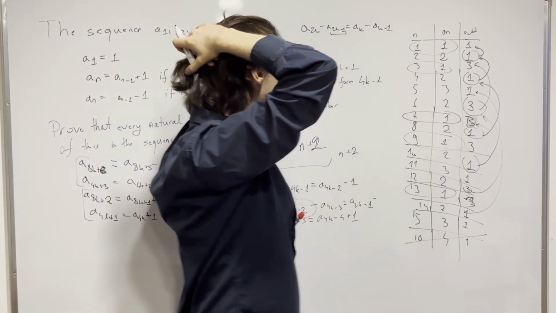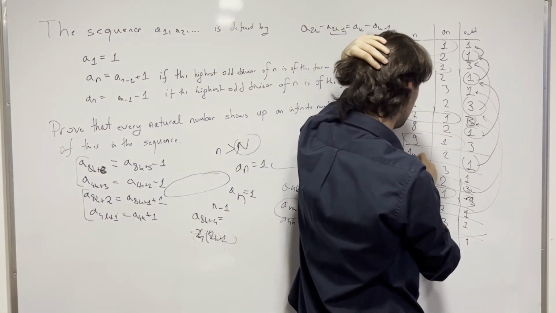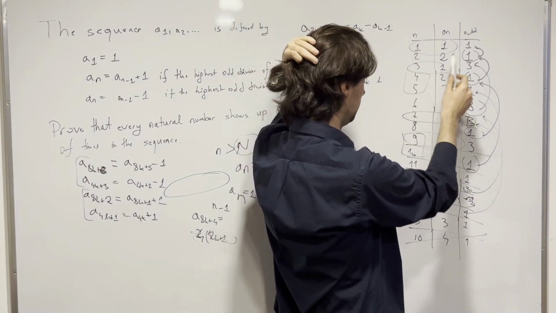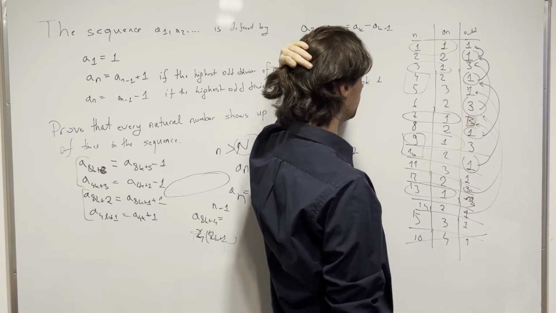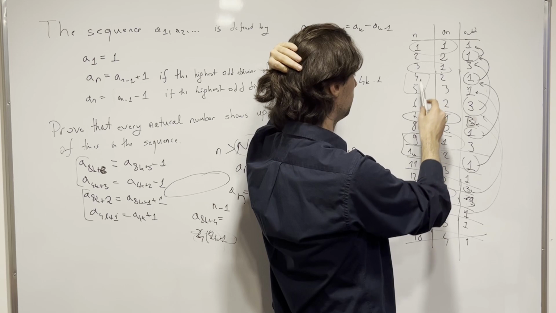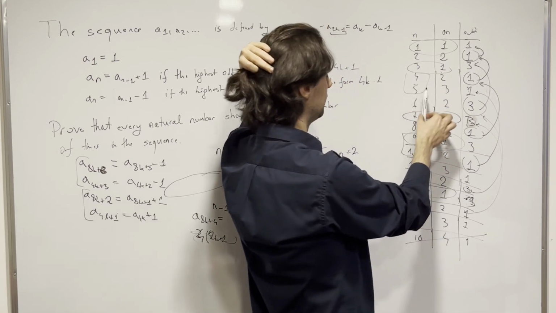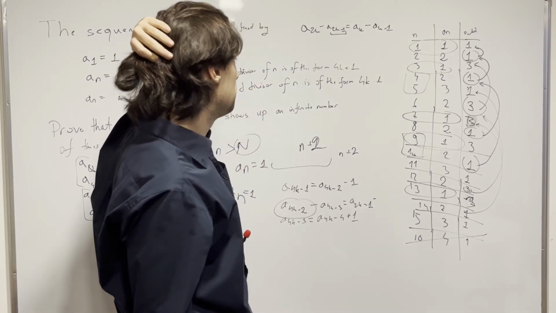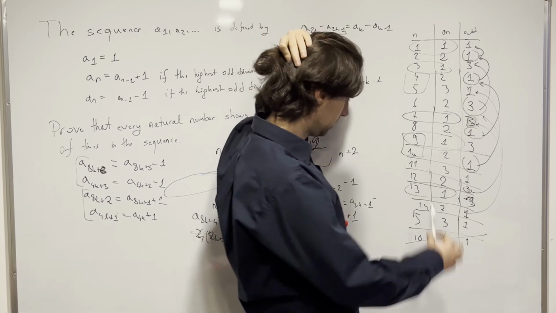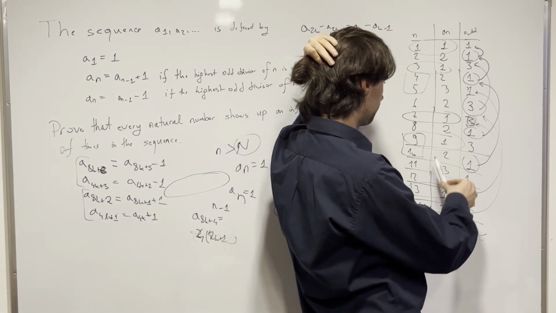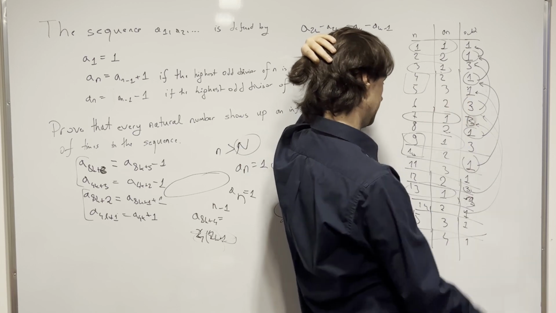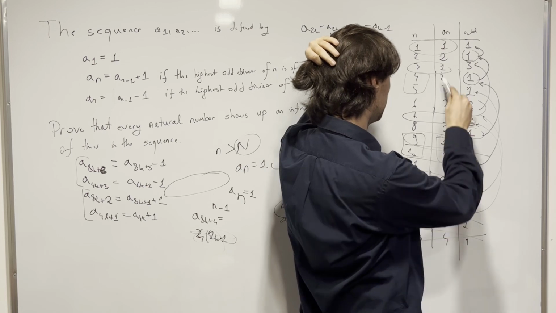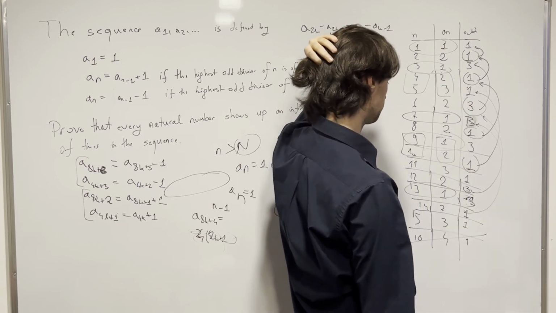For example, let's take 10 minus 9. This is 1, 2 minus 1. 5 minus 4 is again 1. Now it doesn't work if I take 4 and 5, I can't go 2. It doesn't work odd minus even. Could it be that it's the opposite if it's odd minus even? Let's double check again. 12 minus 11 is 6 minus 5. Wait a second, this is 2 minus 1. This is 3 minus 2.